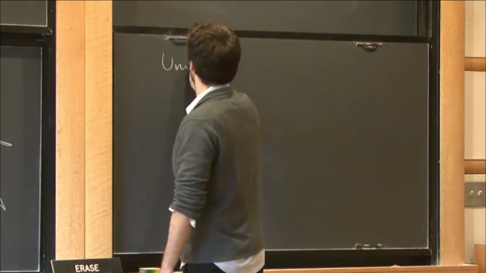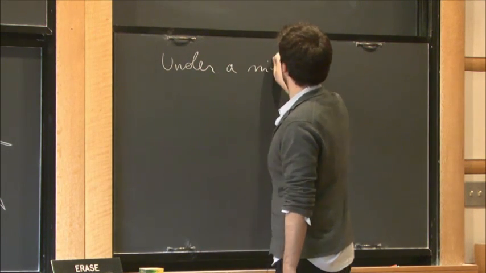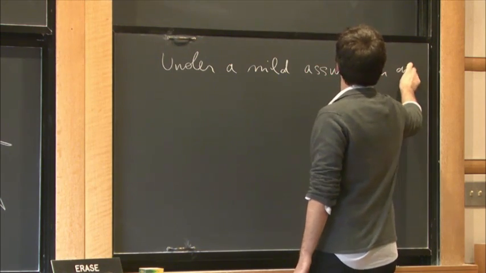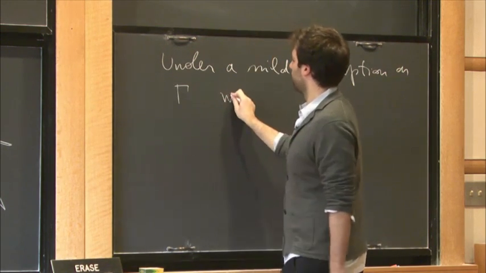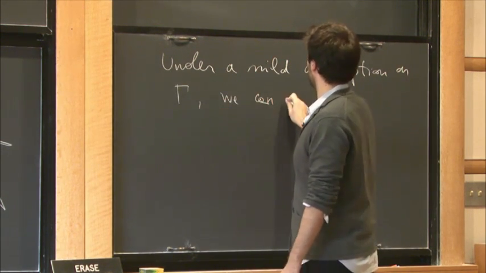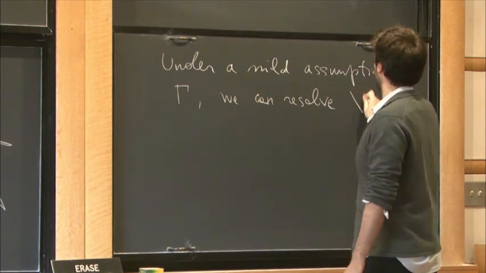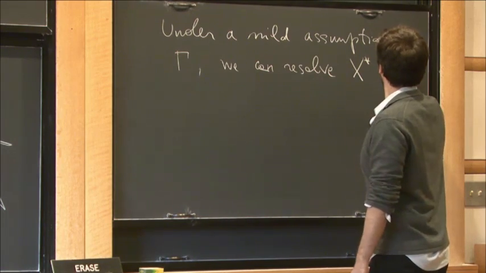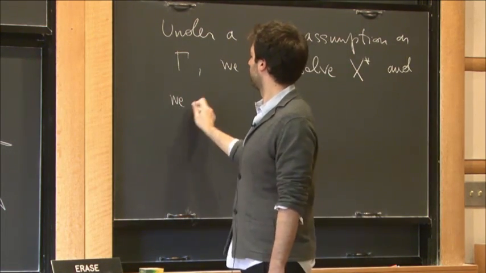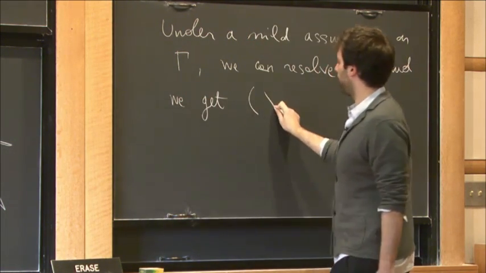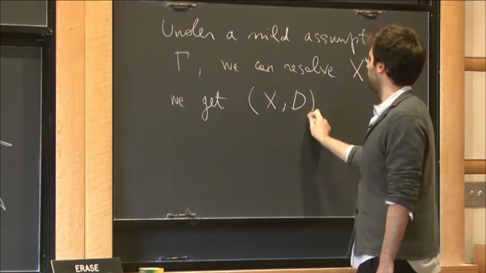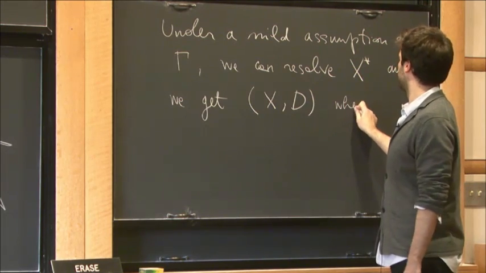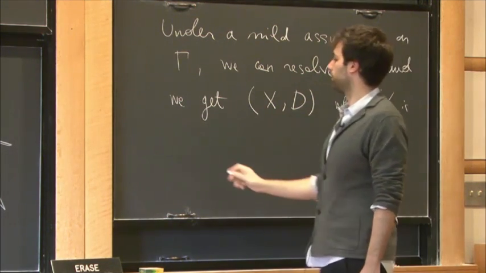So we can resolve X star and get a pair (X, D), where X is the resolution of singularities of X star, so X is smooth.